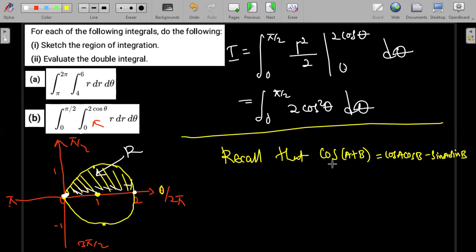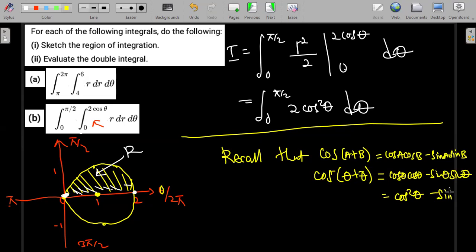Now what happens if I have the same angles, for example theta plus theta? Theta plus theta is just 2 theta, so I'll follow the same arrangement: cos theta cos theta minus sin theta sin theta.